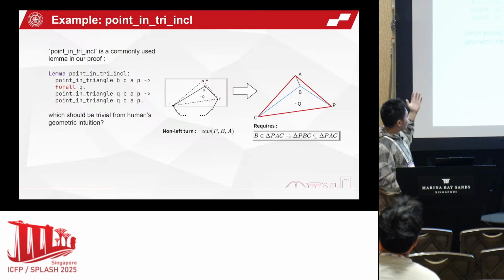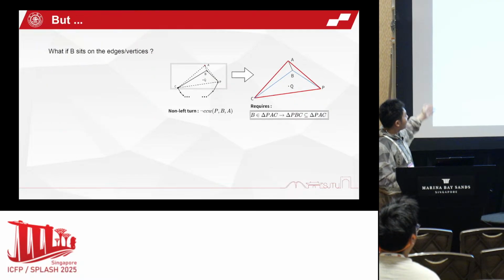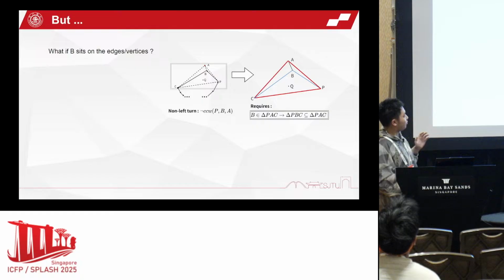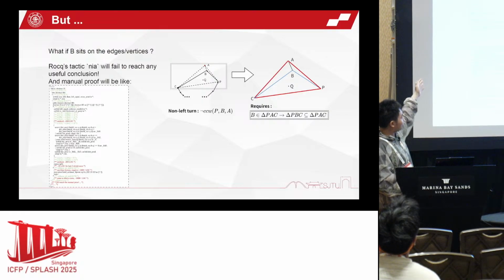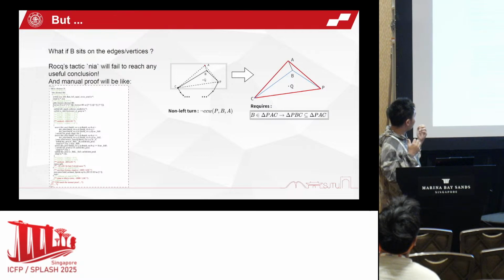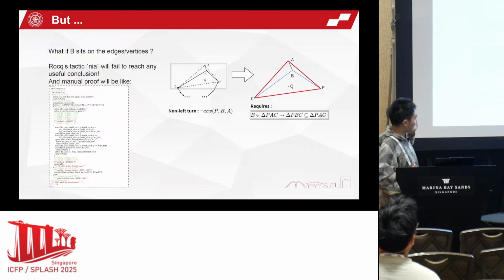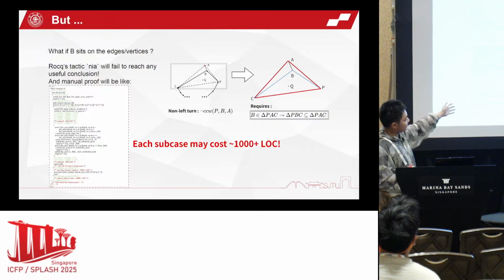This can be trivial from human geometric intuition, but for the proof assistant, if B sits on the edges or vertices of the triangle, which are corner cases, Coq's tactics will not be able to reach any useful conclusions. We have to manually write proofs like asserting dot product or cross product relations, and this is very effort-taking. Each subcase may cost over 1,000 lines of code.